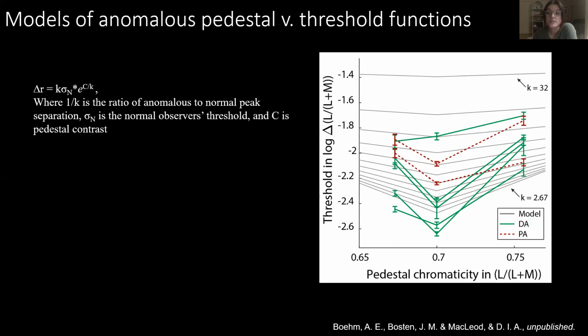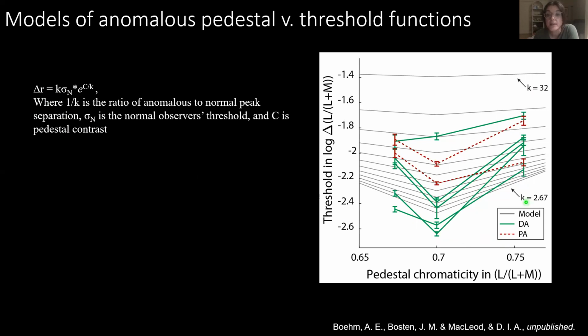So we first considered our results in the context of this type of zero compensation model, where we're considering here threshold, or delta R, for detection of a chromatic stimulus on a chromatic pedestal. And K here is related to the anomalous pigment sensitivity, so 1/K is the ratio of anomalous to normal cone separations.